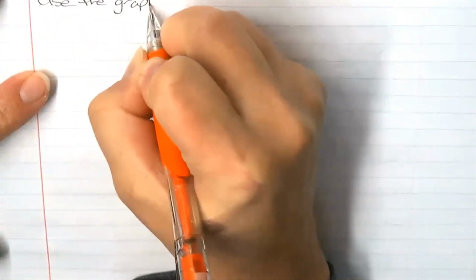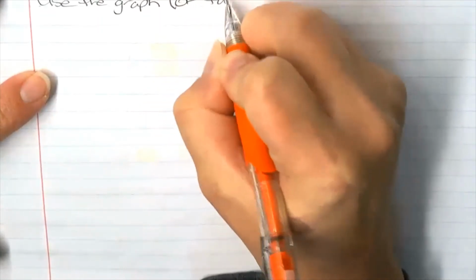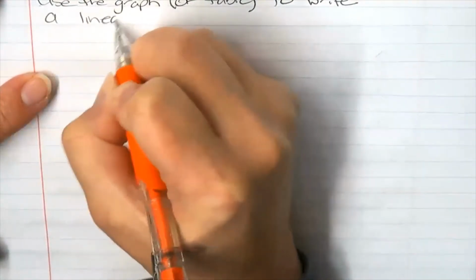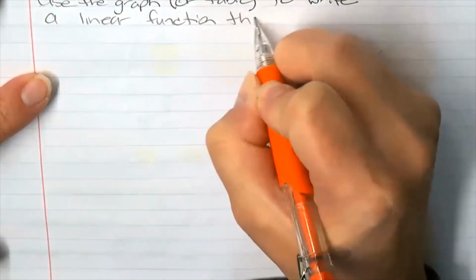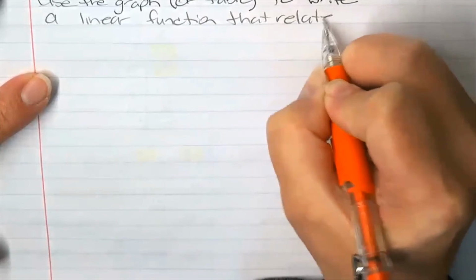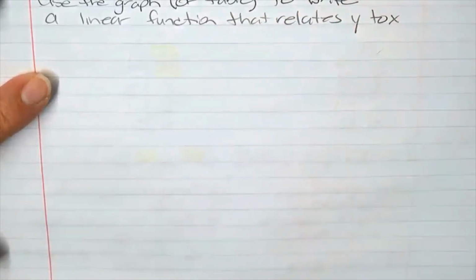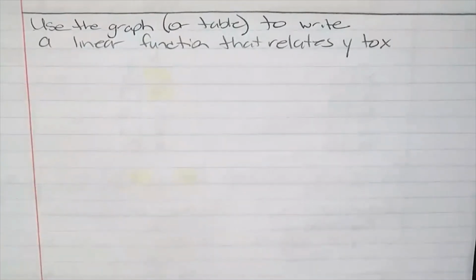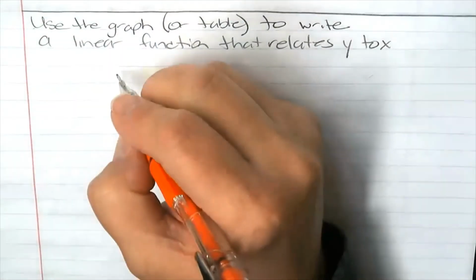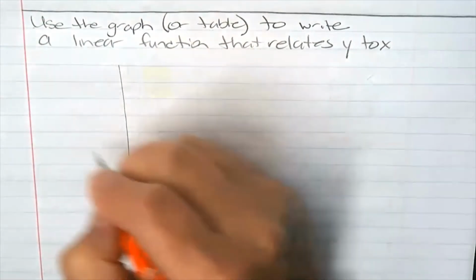So use the graph or table to write a linear function that relates y to x. And the book gives us this graph.